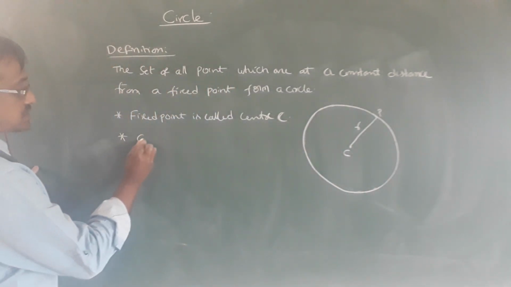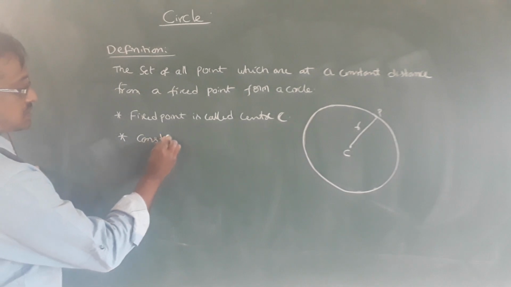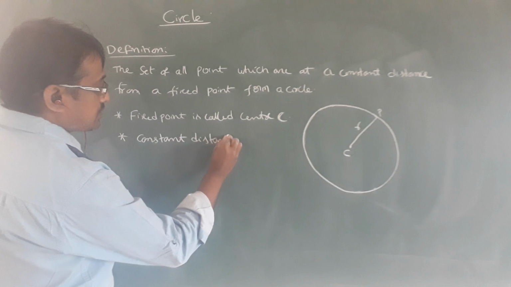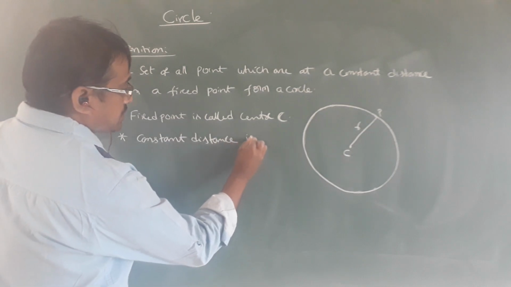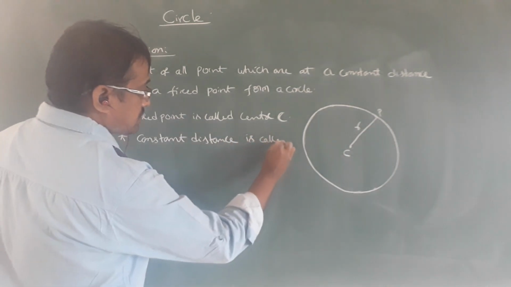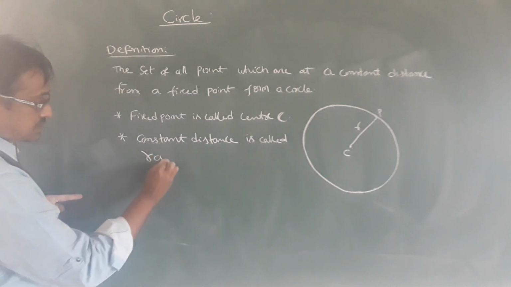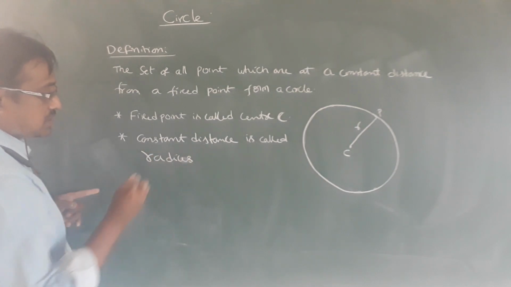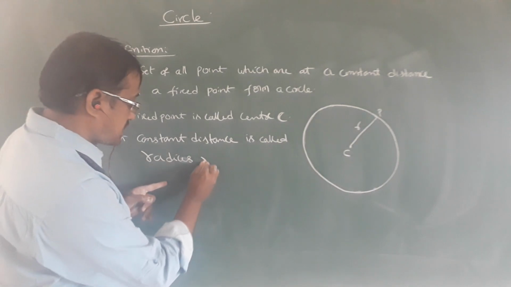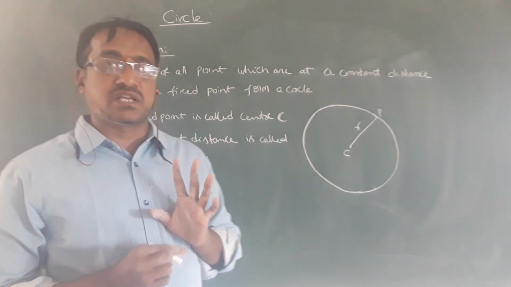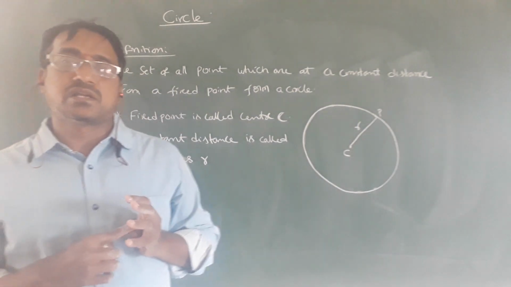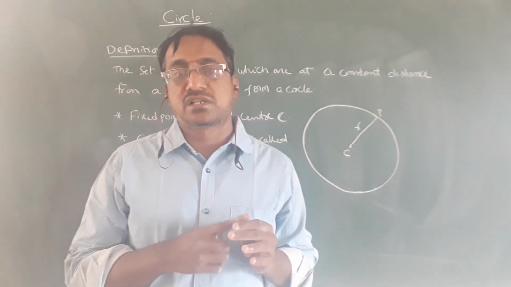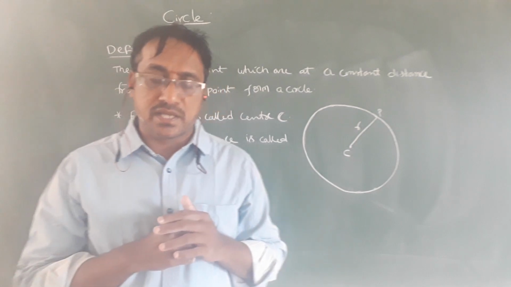And the constant distance is called the radius. The constant distance is called the radius of the circle. Fixed point is called the center and constant distance is called the radius of the circle.